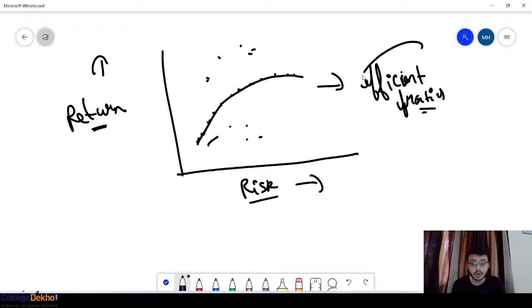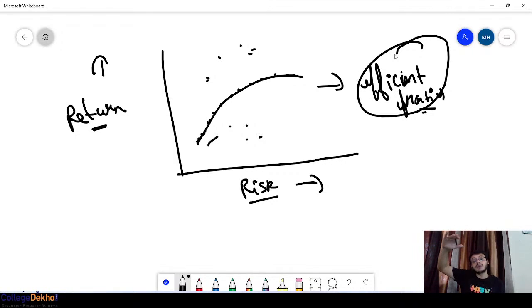So basically the concept of the efficient frontier is it gives you a portfolio or a scenario where you can get higher return for the same level of risk, or the same return for a lower level of risk.